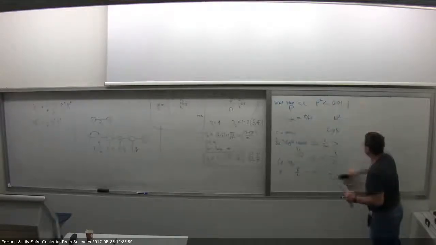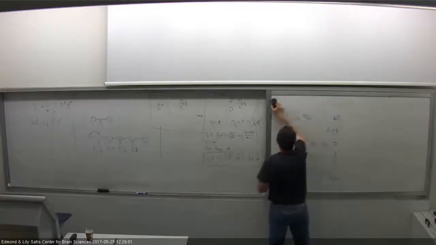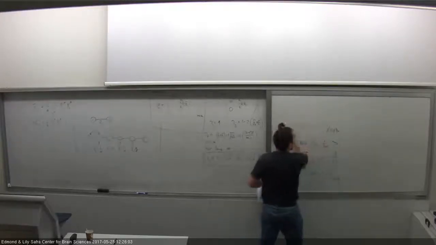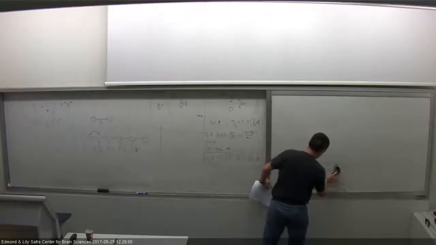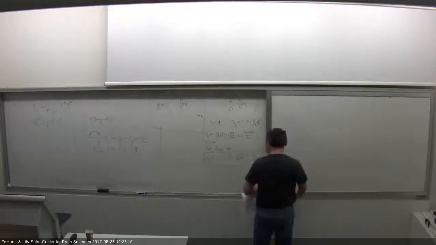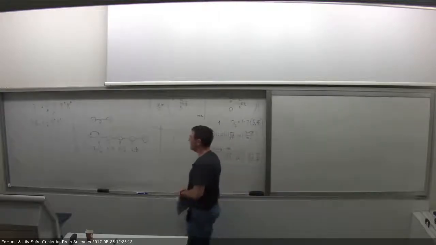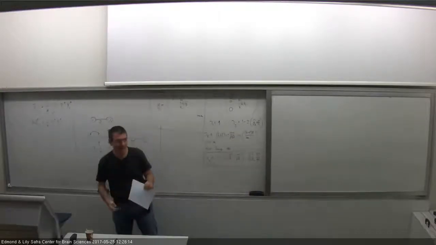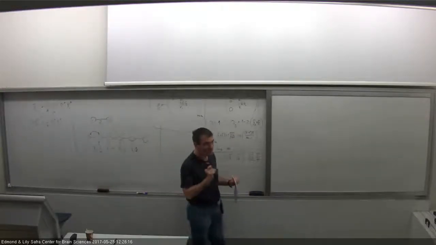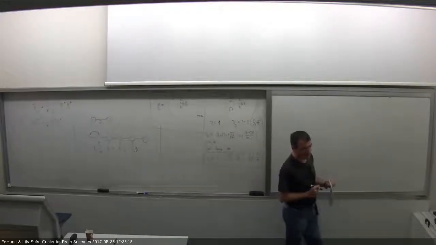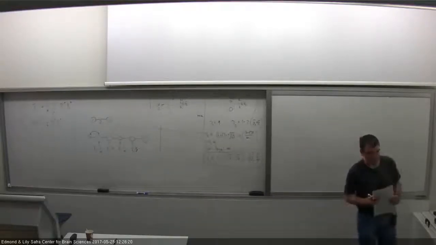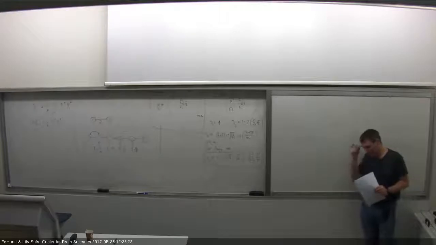There are claims in the literature. People like Sam Wang from Princeton and Carl Petersen had a PNAS paper about a decade ago, where they claim that in fact synapses are binary. They have just two states. This is a claim that some people believe.